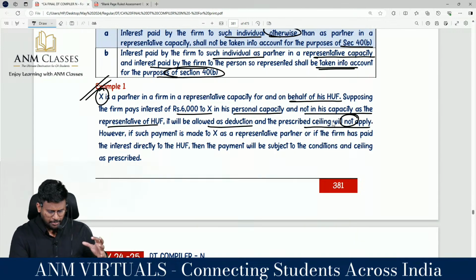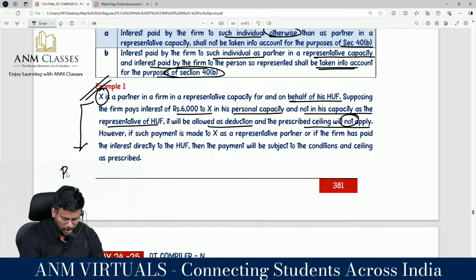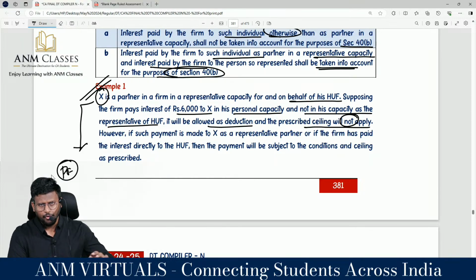For example, Mr. X has given a loan to the partnership firm in his individual capacity, not in representational capacity. Then for that interest, don't bring in the limit of 40B. Even it can be more than 12%. Normal concept only.